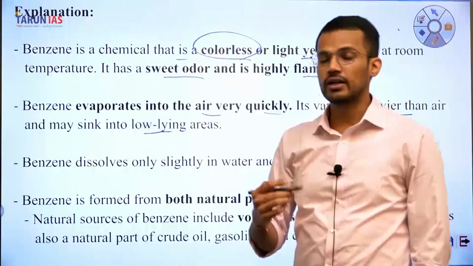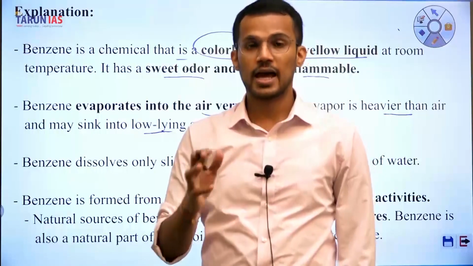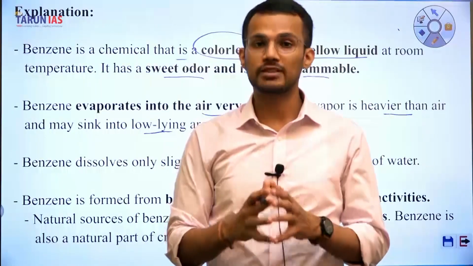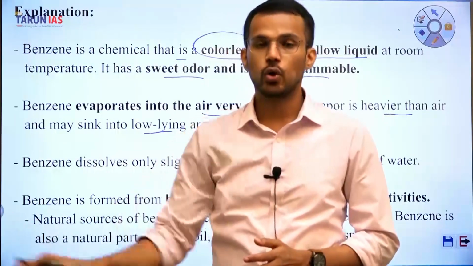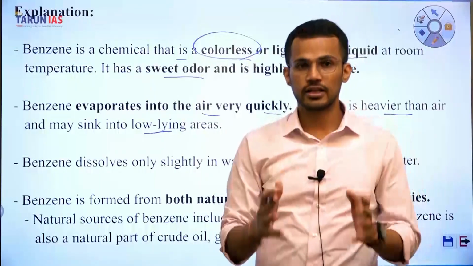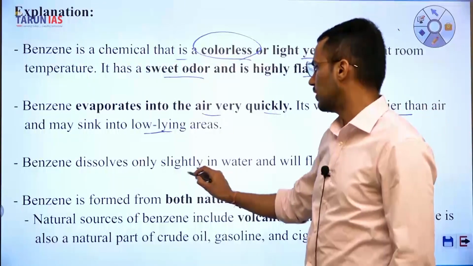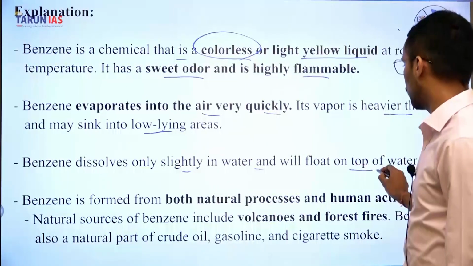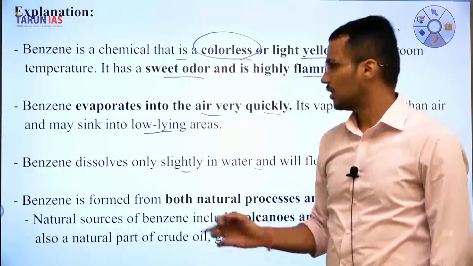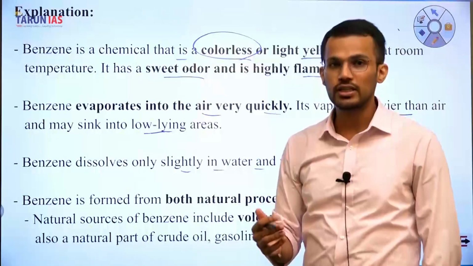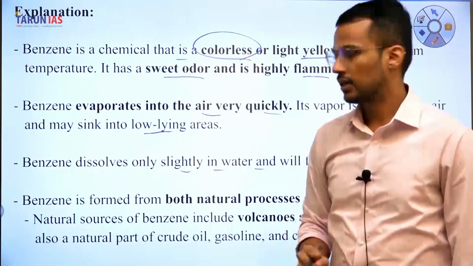So, whenever it is exposed to air, it may be converted into vapor, and as the vapor of benzene is heavier than air, it will sink to the low-lying areas in regions where it has been emitted. Benzene dissolves only slightly in water and will float on top of water. Fine. So, benzene has a very weak dissolving property with respect to water.